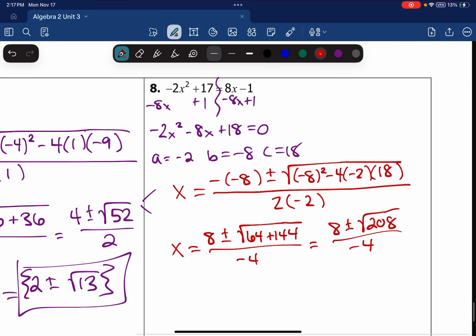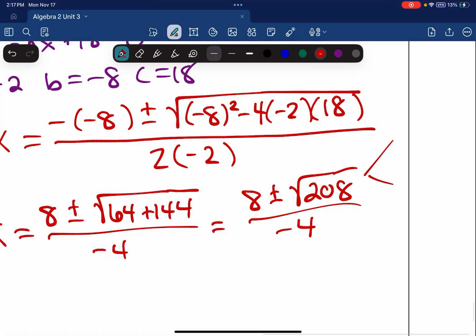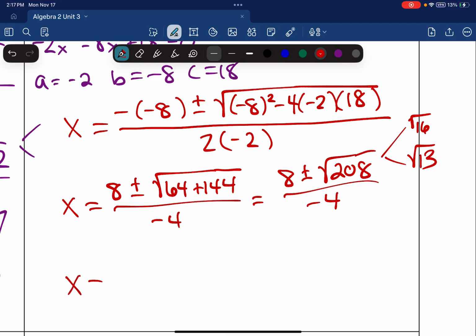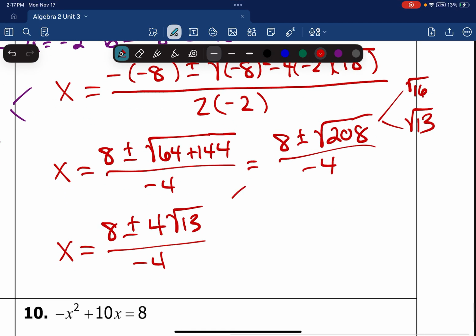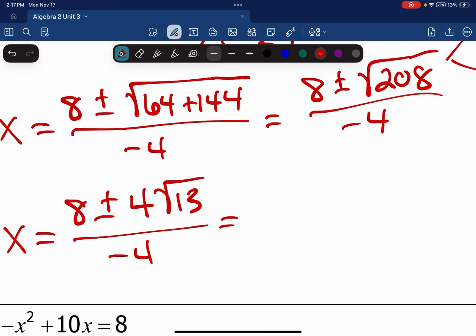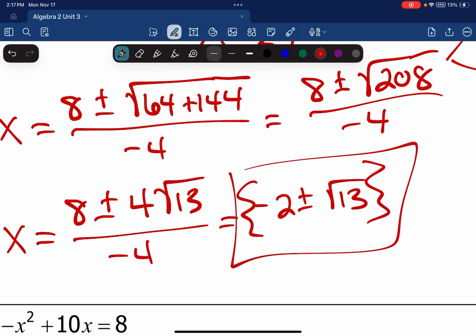Now thinking of factors of 208. 208 would be radical 16 times radical 13. So on our next line, x equals 8 plus or minus radical 16, which is 4. 4 radical 13, all over -4. We're going to simplify this fraction, divide all the pieces by -4. 8 divided by -4 is a -2, plus or minus 1 radical 13. This is my answer.